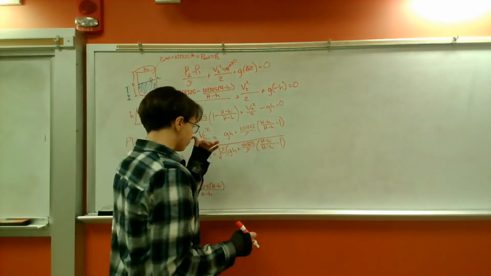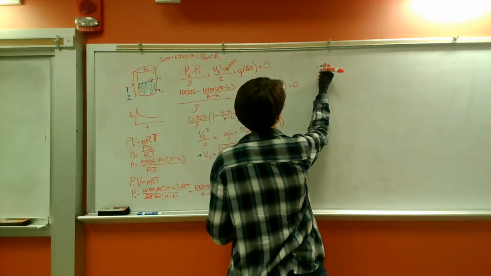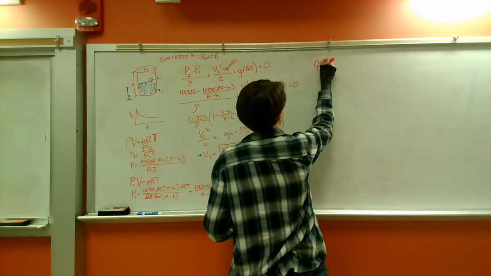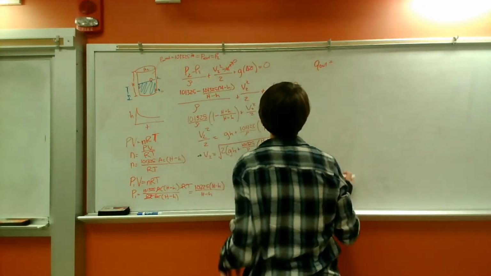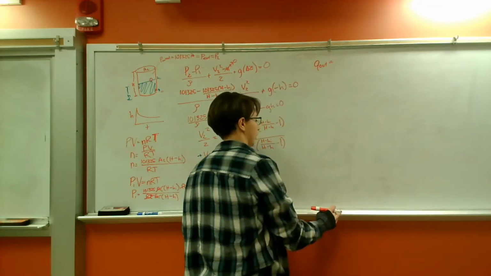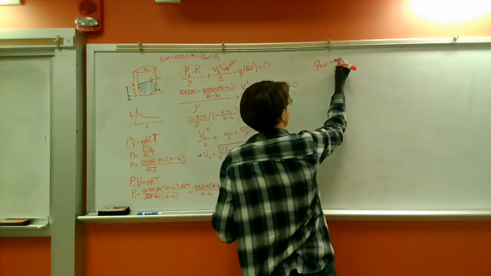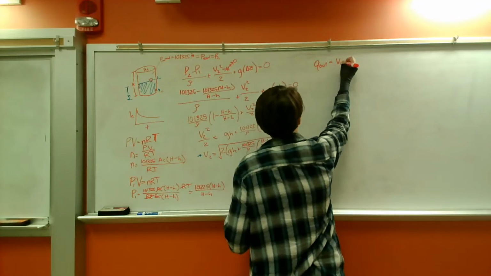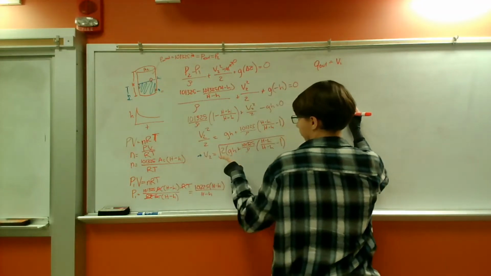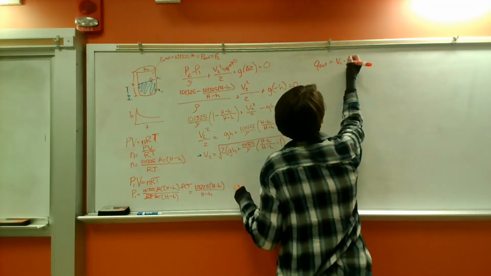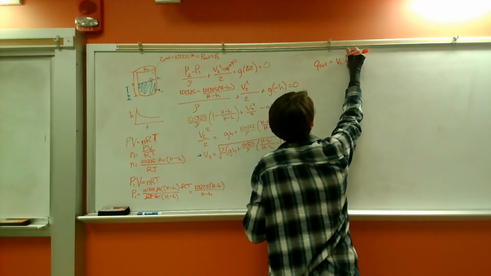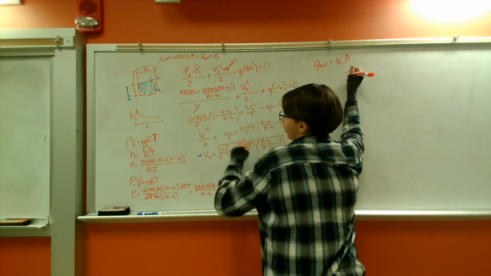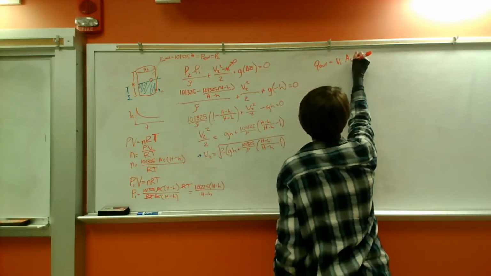So we know that the flow rate going out of here is going to be equal to the velocity of the liquid going out there, so that's the velocity at 2, which is this value, times the area of this hole, a_h.